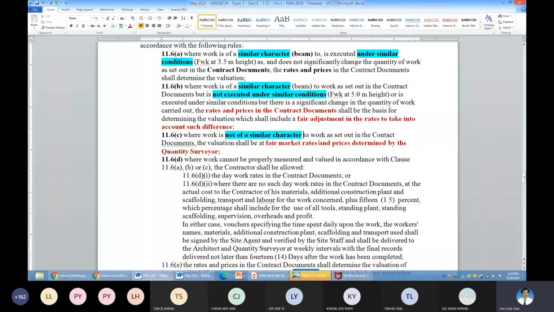So that one is of different character and different condition. So then you have to use this to evaluate. And 11.6D, works cannot be properly measured and valued. So you can see, when works cannot be properly measured and valued, I give you an example. Demolition.